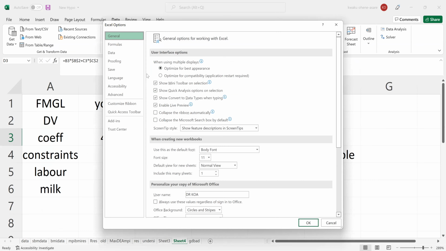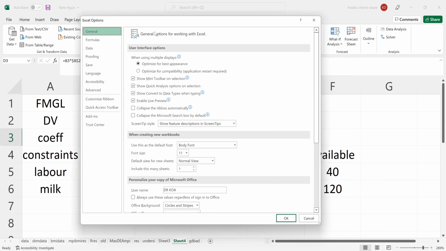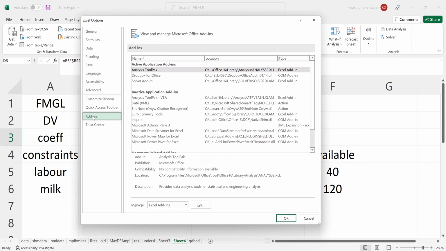When you click on Options, the Excel Options dialog box will open, and that is what you see on the screen. On the far left pane of that box, look for Add-ins and click on Add-ins.